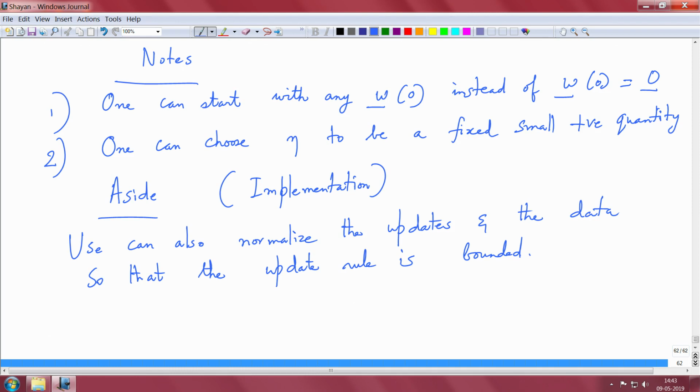Okay, so you could do this also. And sometimes you can shuffle the data and present it to the perceptron. Let us say you are sifting through only C1 and you are all correct, and then again you are going through C2. So you may want to have some variation to keep the weight from blowing up in a particular direction, right. So therefore you can shuffle the data points also.